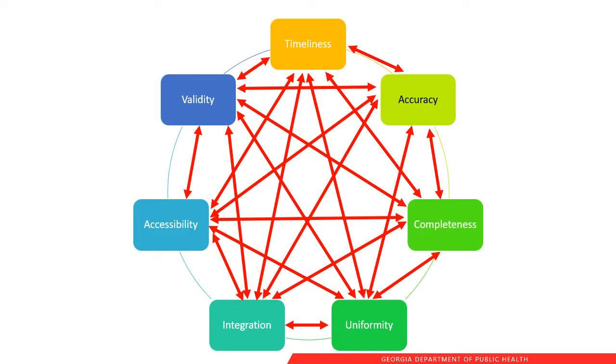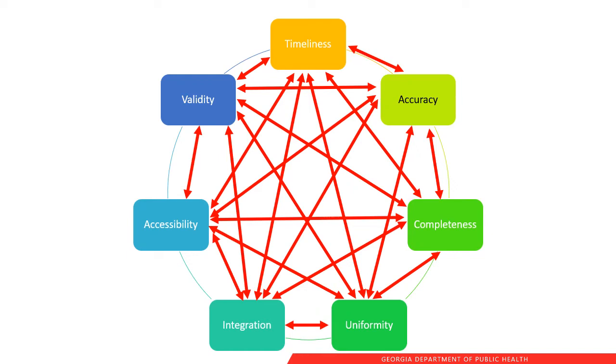But here's the thing, these do not exist independently of the others, okay? Because if you focus just on timeliness, then some of the other things can fall by the wayside. If you're bound and determined to get that data to us within 5 minutes, well, you're not going to be very accurate, okay? And it may not be very valid or complete.